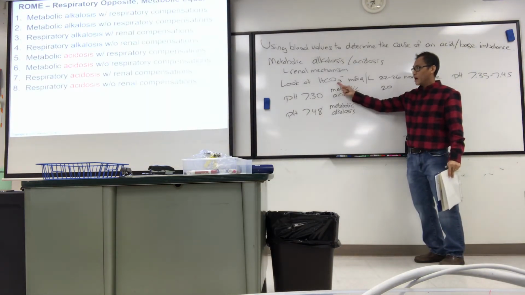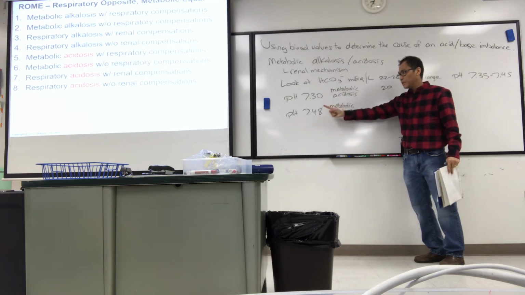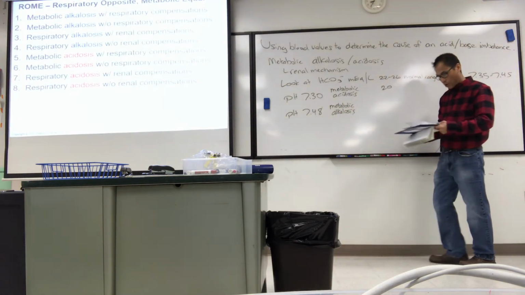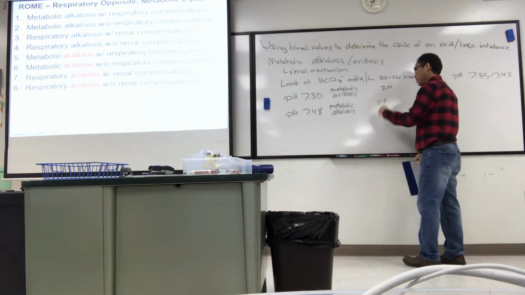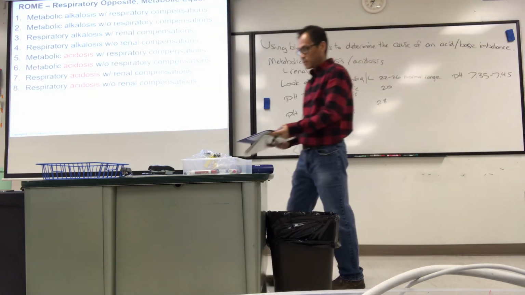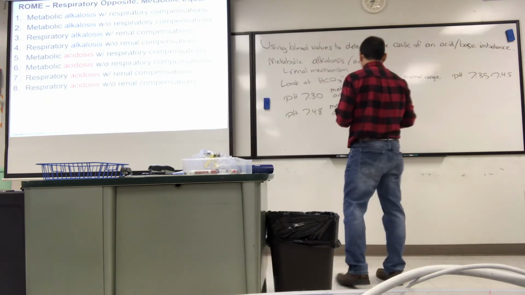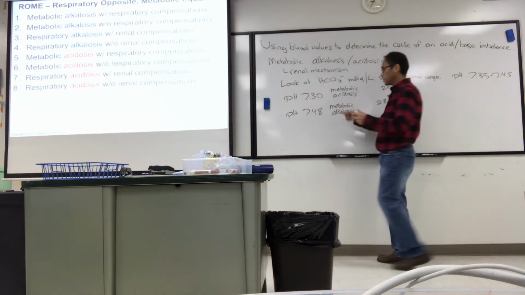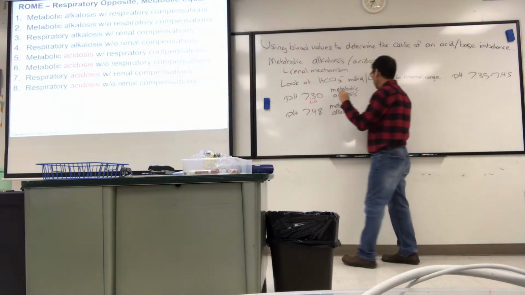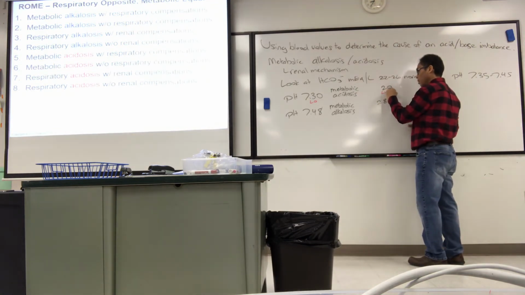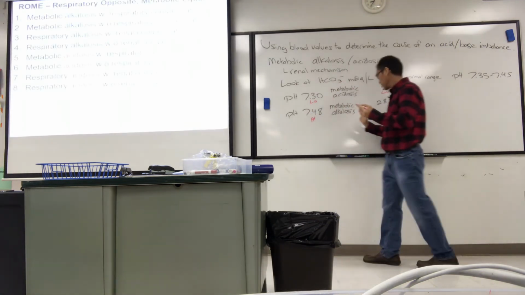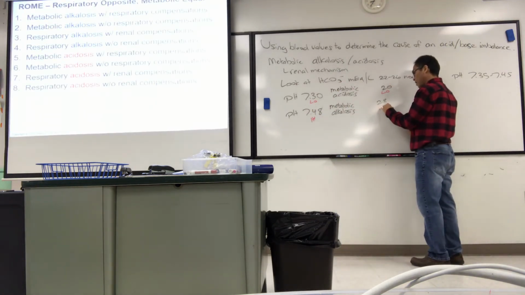What would be the base value to cause the pH to be too high? The value should be, well, higher than 26, and that's kind of where I'm going with. Let's say 28. So the rule here: if you see a low pH, and it's a metabolic cause, you expect the base to be low, low, low. And if the pH is too high, and it's a metabolic cause, base is too high, high, high. So high, high, low, low.